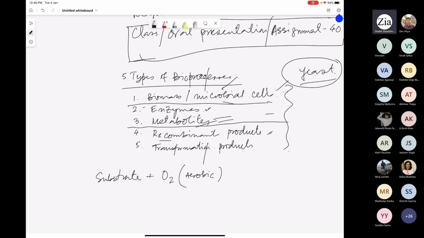If it is anaerobic, you will not provide any. So for anaerobic, it is direct substrate to your product with the help of biomass. And for aerobic, you have substrate, oxygen, and then you get the product. So it is your anaerobic process.